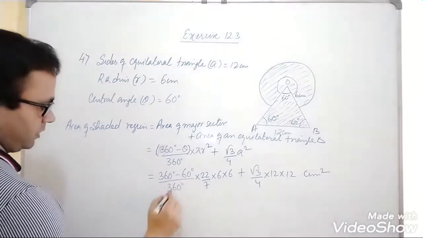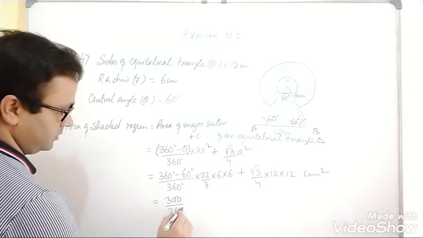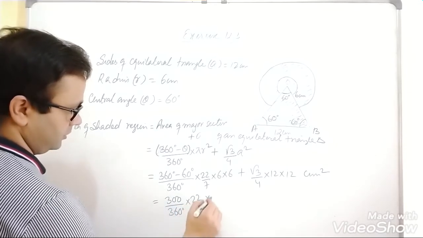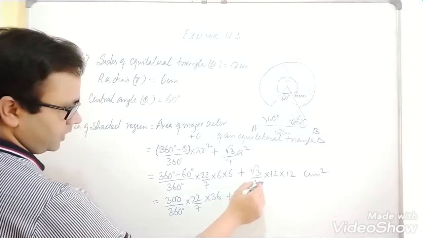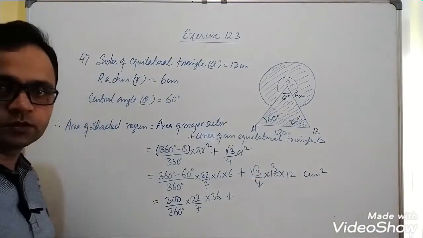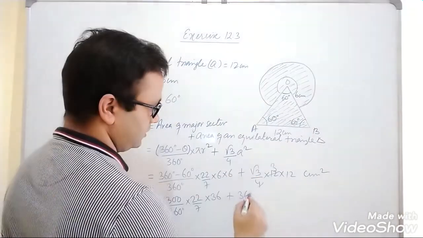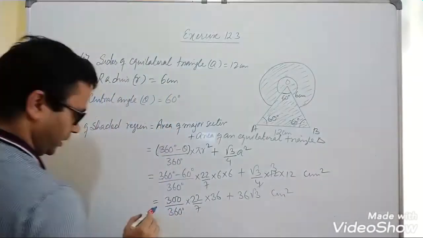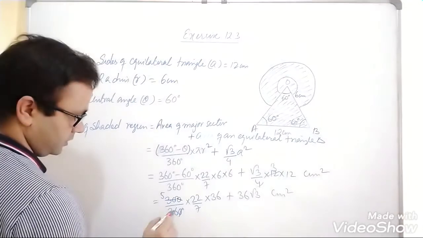So 360 minus 60 is 300, divided by 360 degree, into 22 by 7 into 36. We can cut here: 4 ones are 4, 4 threes are 12. Now multiply: 3 into 12 is 36 root 3 centimeter squared.